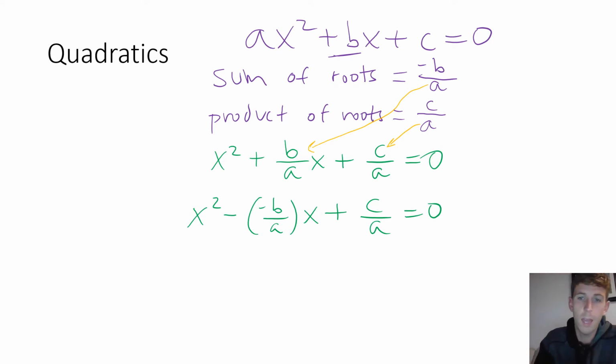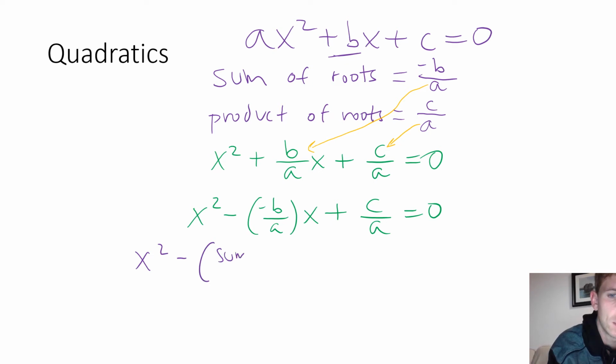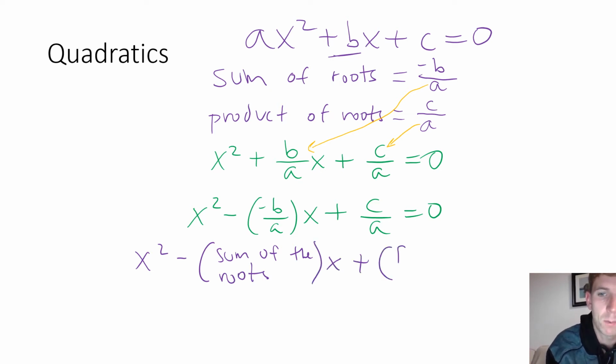So basically, anytime you have a quadratic, it is in the following form. It is x squared minus the sum of the roots times x plus the product of the roots.